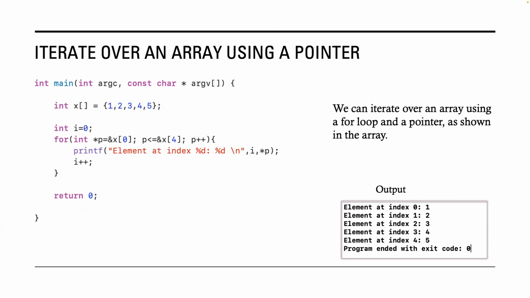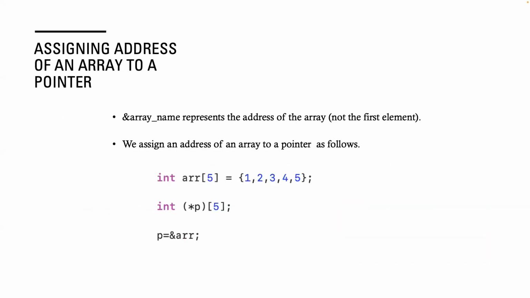Okay, so next, in this example, we have the ARR array, and we declared an array of pointers here, and then I assign the address of the array to this pointer.